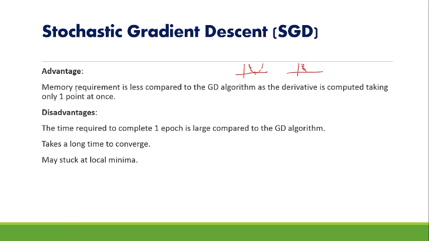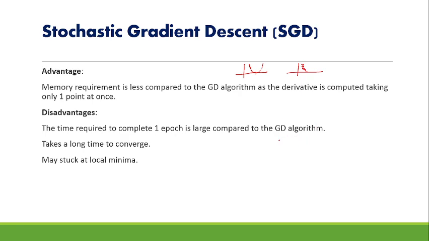See the advantages: memory requirement is less compared to the GD algorithm, as the derivative is computed taking only 1 point at once. Disadvantages: the time required to complete one epoch is large compared to the GD algorithm, because in batch gradient descent you update the weights after completing one epoch, but here you are updating the weights for each observation.